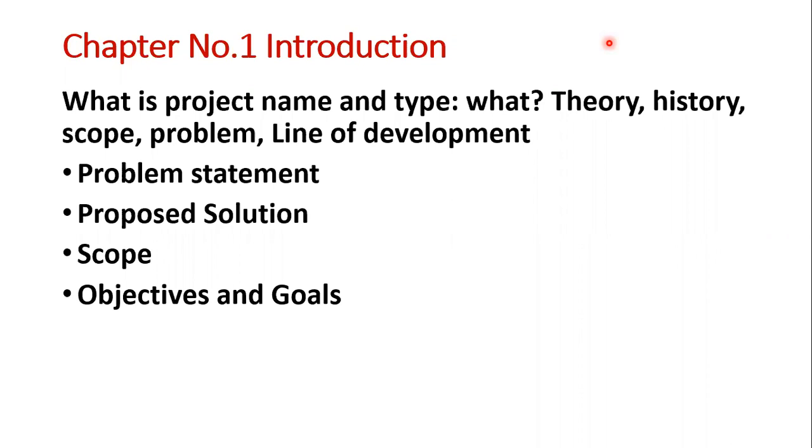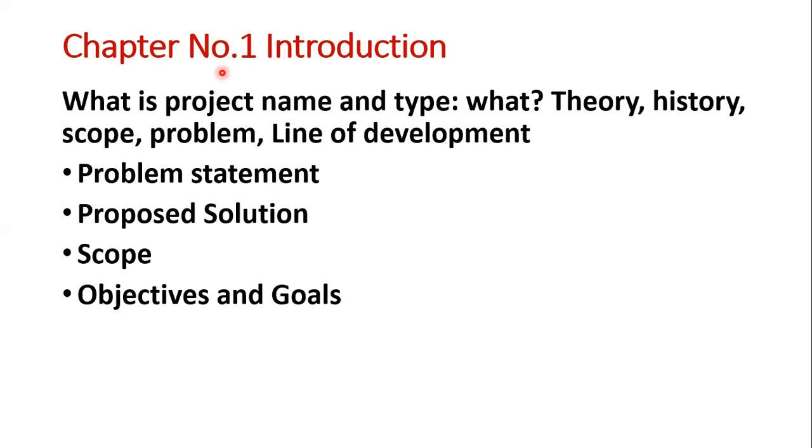In the previous video, we discussed the first section of the technical project report, including the title page, certificate, acknowledgements, abstract, table of contents. And now it is chapter number 1. From chapter number 1, the discussion properly opens.